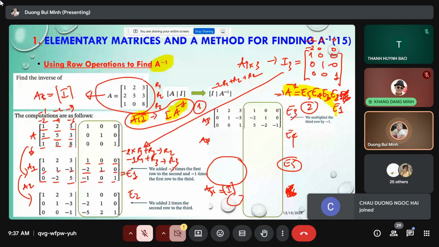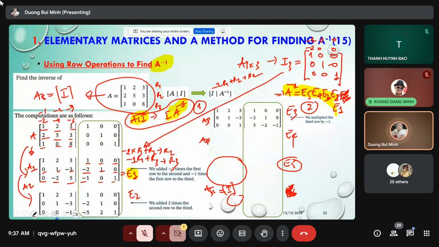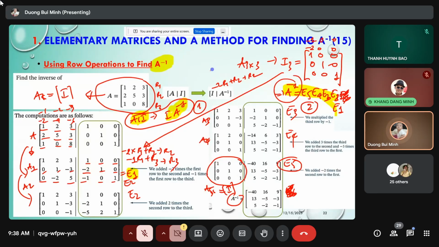We just apply a single elementary operator each time, so you get A1, A2, and many elementary matrices. You need to remember them yourself, and then you can get the inverse of A. Of course, this is the traditional method, the first method we apply. Is it clear for you?